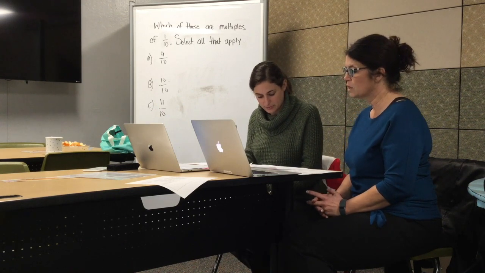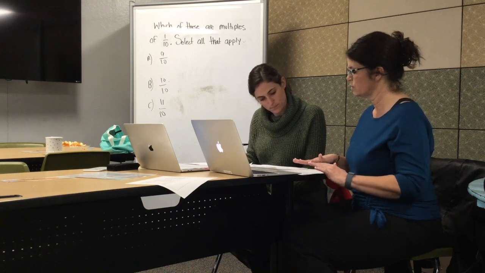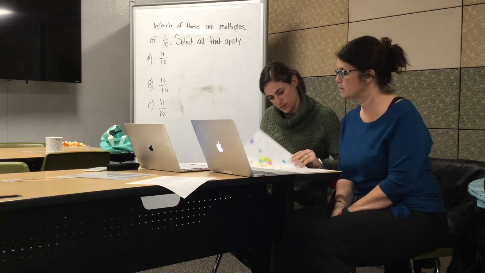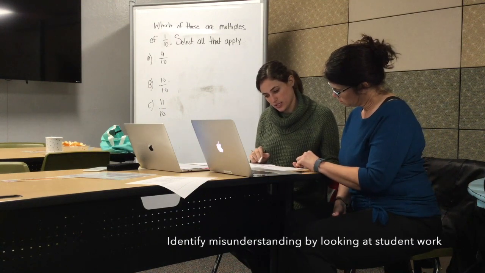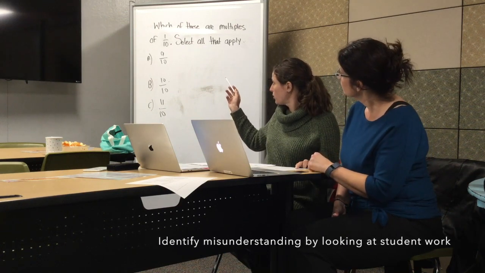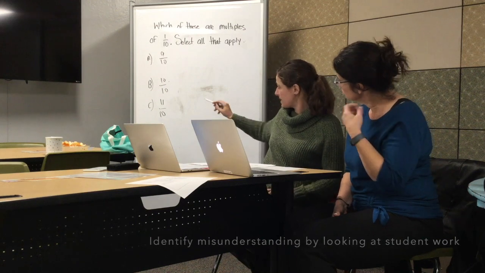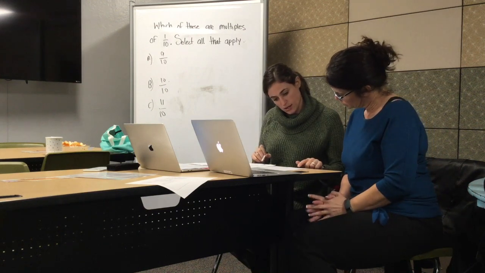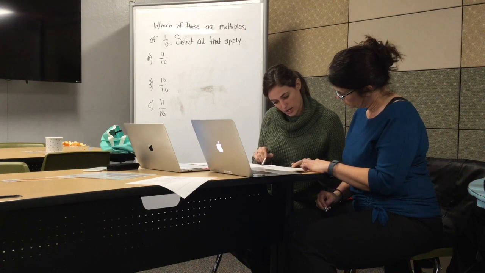Okay, so let's look at the work and see where the mistakes were made in your low sample so we can identify the misunderstandings. Both students selected A and B as correct. So a whole or less. Mm-hmm. And both students said that C was wrong. It looks to be because it's an improper fraction.